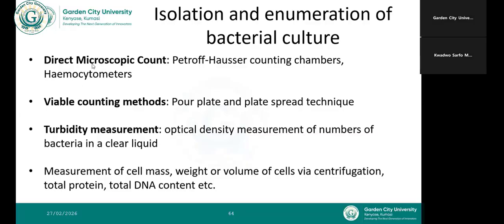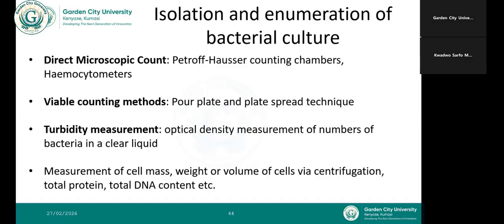So we have direct microscopic count. And here, there are certain chambers that can be used. Example is a Petroff-Hausser counting chamber, the hemocytometer, or the Neubauer chamber. These are mostly used for counting. They have some grids or some lines on the chamber.